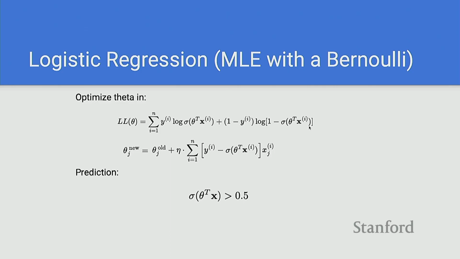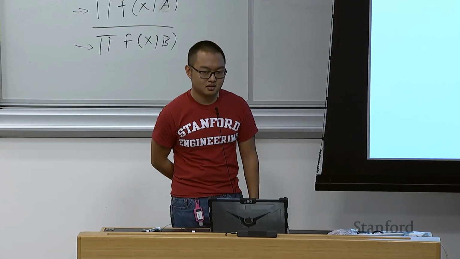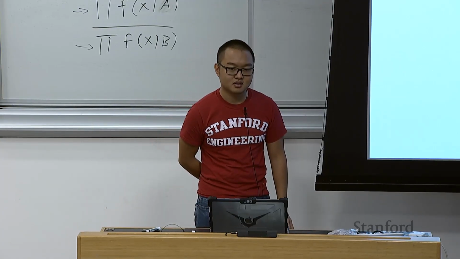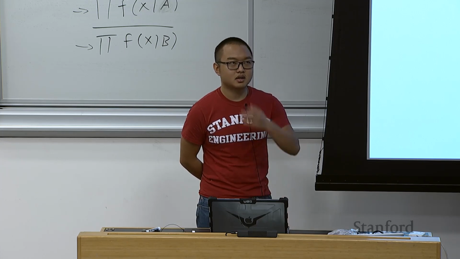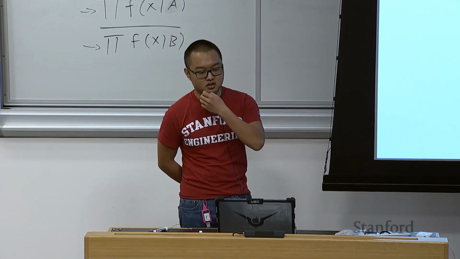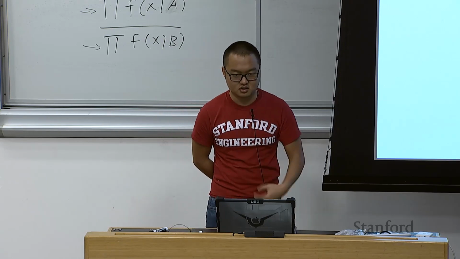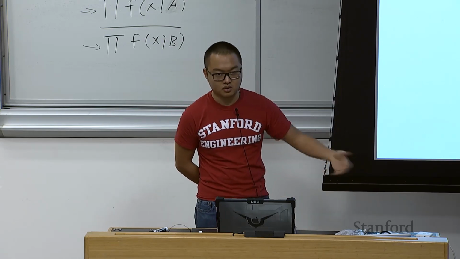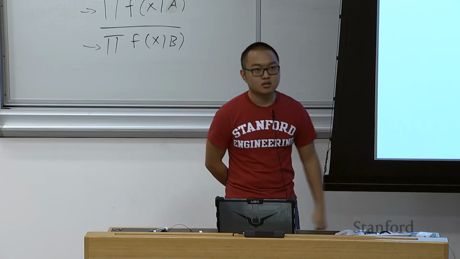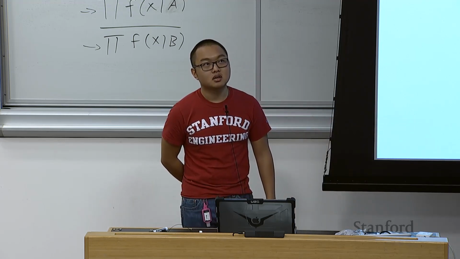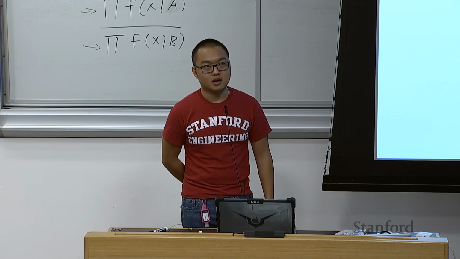Could you explain how MLE and MAP fit into naive Bayes and logistic regression one more time? So I can explain how MLE fits into logistic regression, because it's just logistic regression where your likelihood function is chosen with the PDF of a Bernoulli distribution. MAP is what happens if you have a prior.